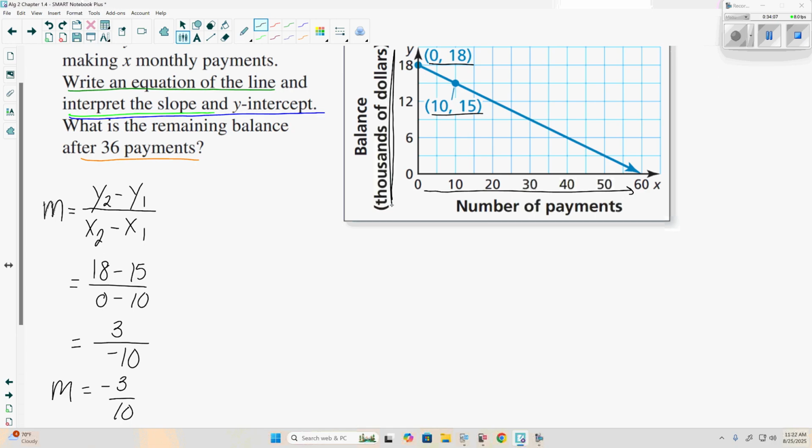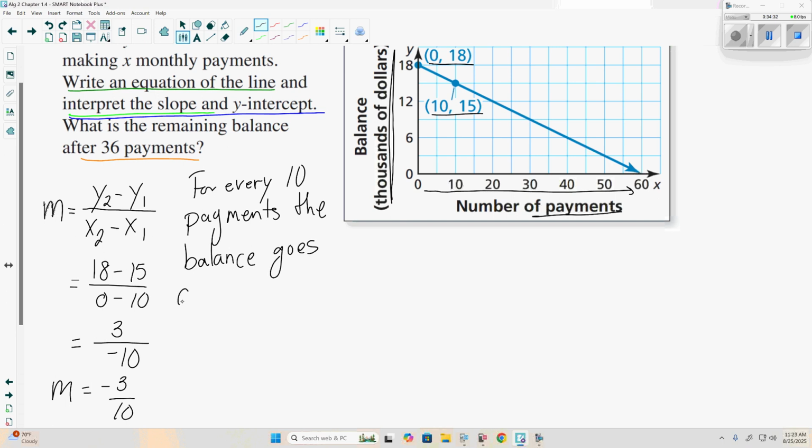So slope is negative 3/10. So 10 corresponds to our number of payments. So for every 10 payments, the balance does what? Goes down, or decreases by $3? I sure hope not.